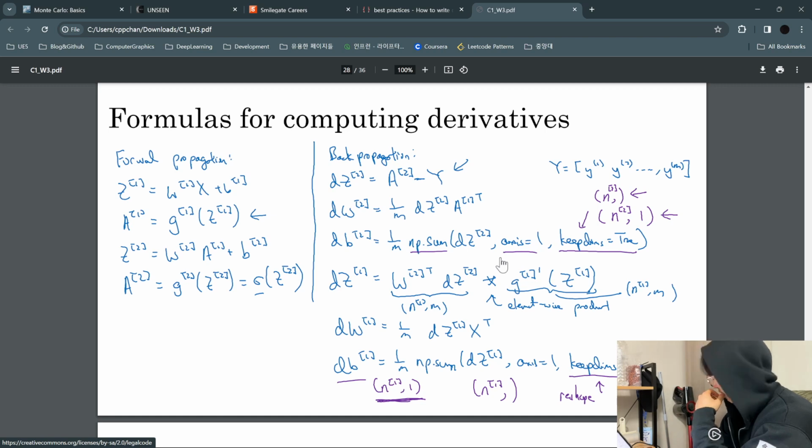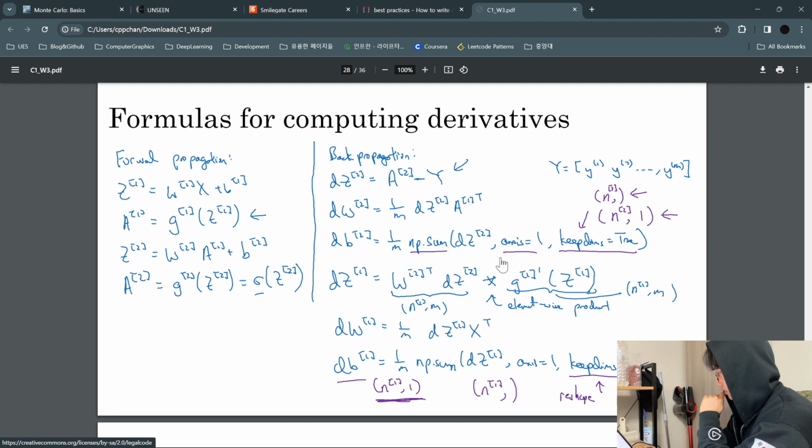and np.sum of dZ1, axis equals 1, keepdims equals True. So whereas previously the keepdims maybe mattered less, since if n2 is equal to 1, this is just a 1 by 1 thing, just a real number.